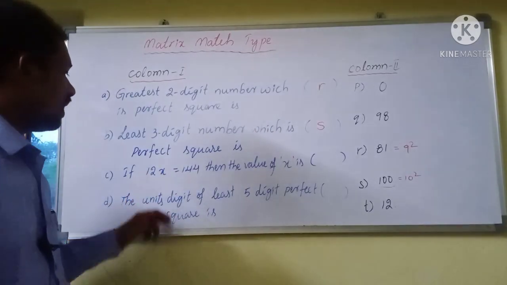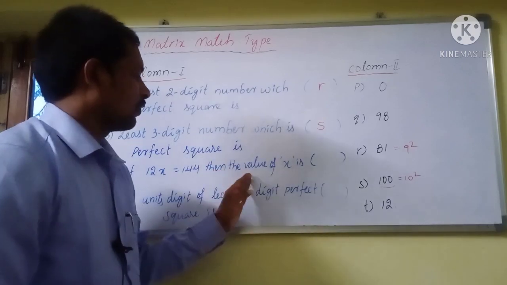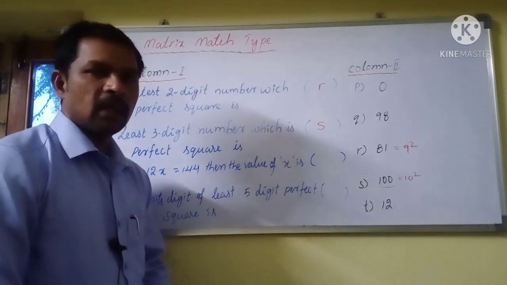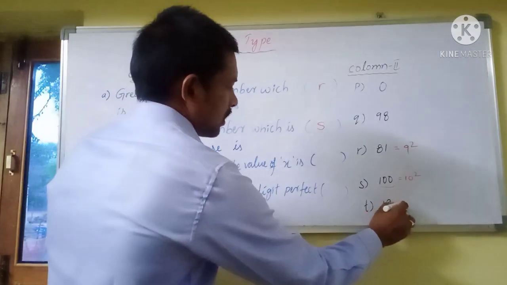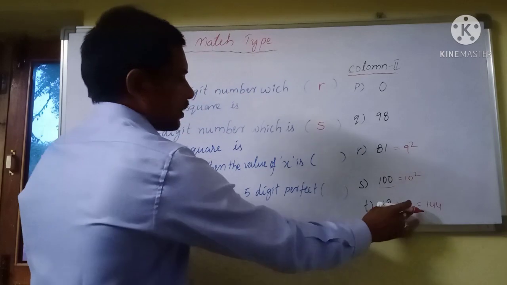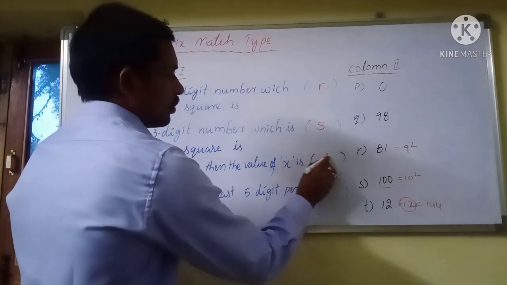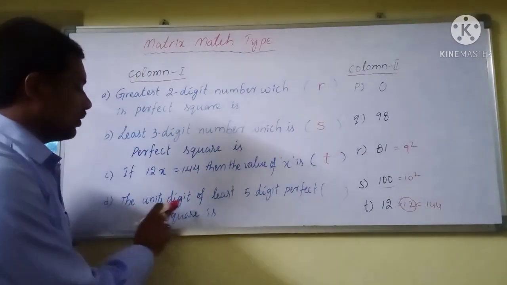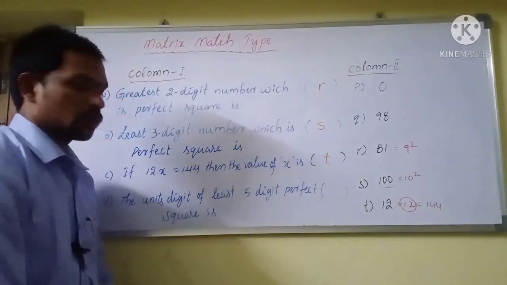Then if 12 into x is equal to 144, then the value of x is going to be 12. Why? Because 12 into 12 is equal to 144. So instead of x we are going to have 12. Then the units digit of the least 5-digit perfect square number.